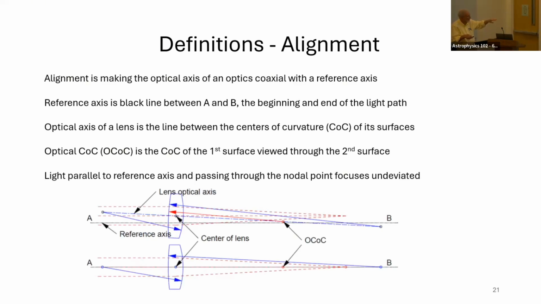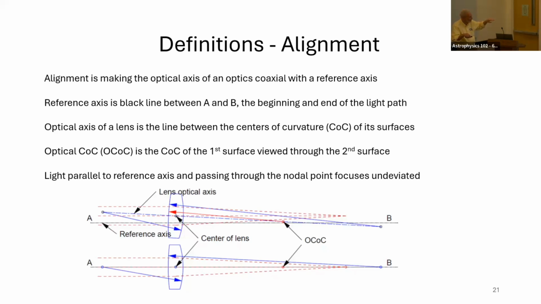For the purposes of this, I'm going to say alignment is making the optical axis of our lens, or whatever, coaxial with the reference axis. And here I've said this black line from A to B is my reference axis, whereas the optical axis of my lens element is the line joining the centers of curvature of those two surfaces.